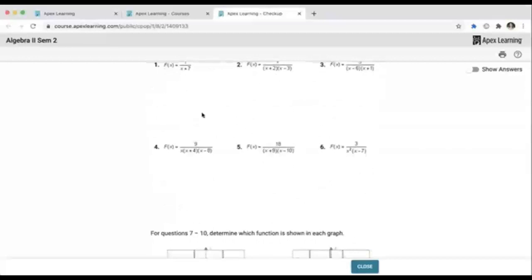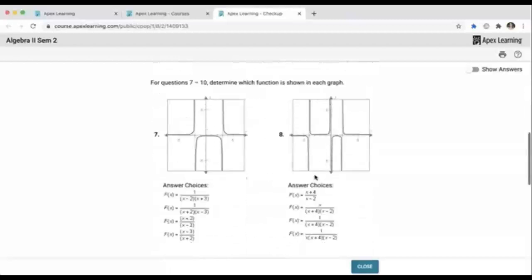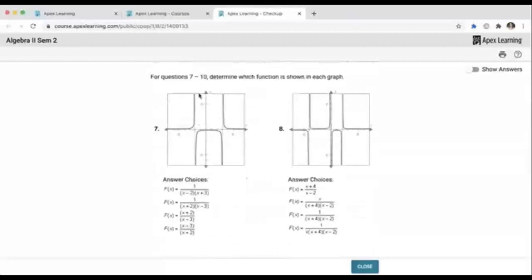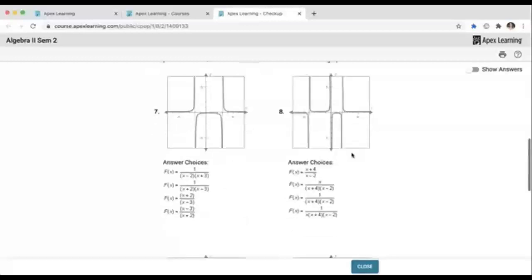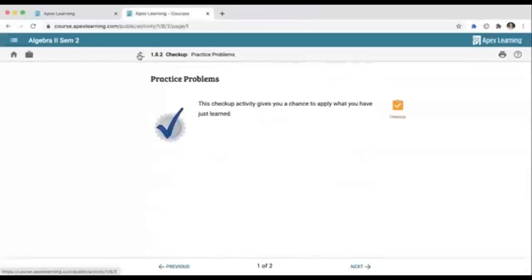And again, all of these are already factored for you, but if they weren't, you might have to do an extra step of actually factoring. Then here you're going to figure out how many asymptotes you have, where they are located, and then try to match them up. And again, worst case scenario, you always pick a couple points and plug them into your possible equations and see if they match up with the graph there. Hopefully not too terribly difficult.